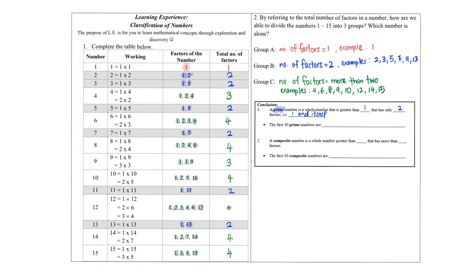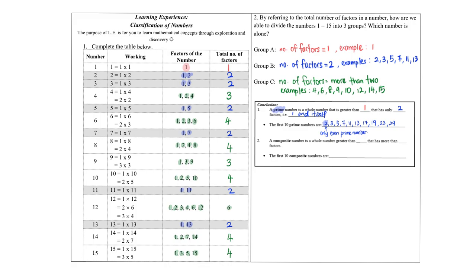So the first 10 prime numbers which will be useful are 2, 3, 5, 7, 11, 13, 17, 19, 23, 29. And it is interesting to note that 2 is actually the only even prime number. So this is something special for you all to take note of.